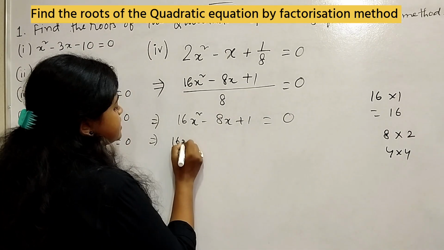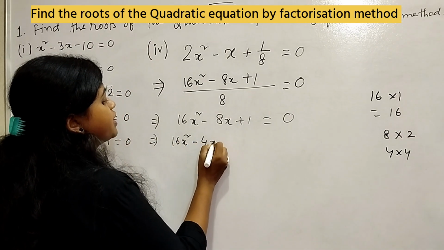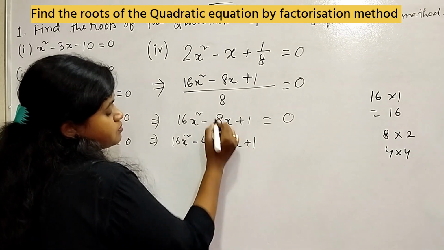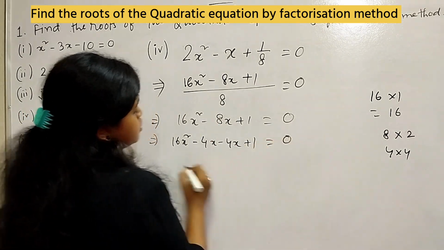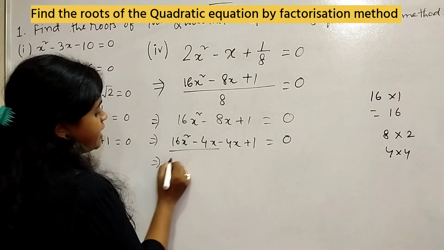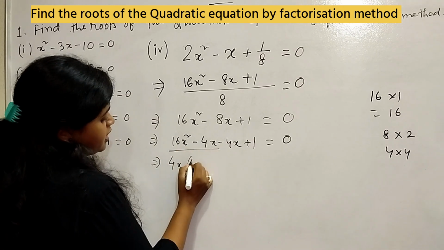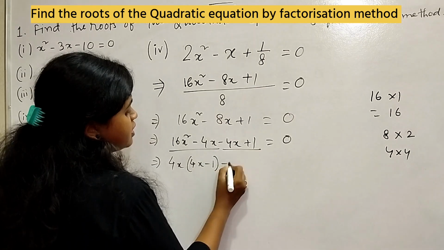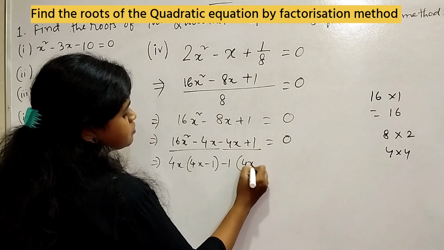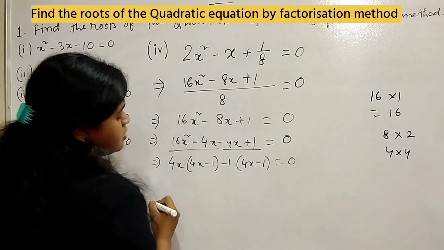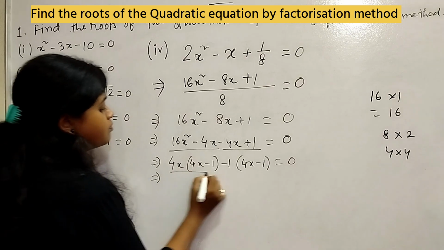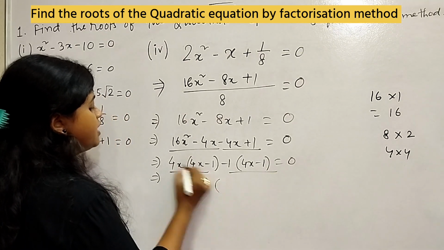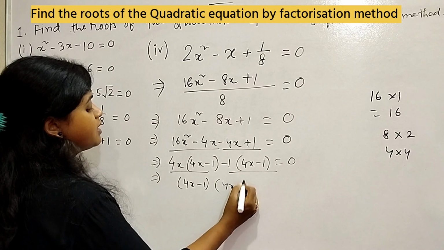So you can write 16x square minus 4x minus 4x plus 1 equals to 0, because minus 4x and minus 4x become minus 8x. From the first two terms we take 4x, remaining 4x minus 1, and from the other two terms we take minus 1, so 4x minus 1 equals to 0.